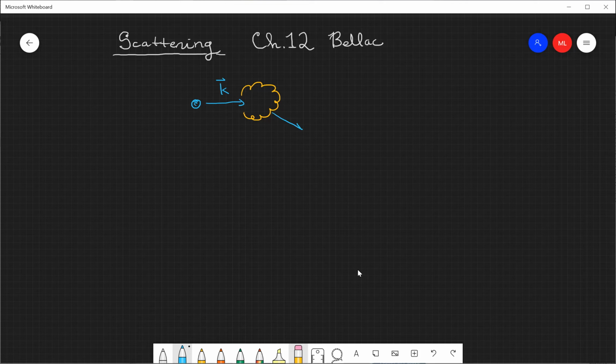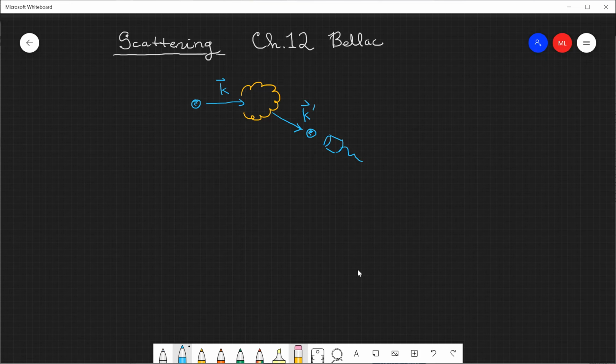The particle comes out with some maybe modified wave vector, modified kinetic energy, modified momentum. And then we have some kind of detector placed out here where we detect the particles along that direction for that particular wave vector k prime.